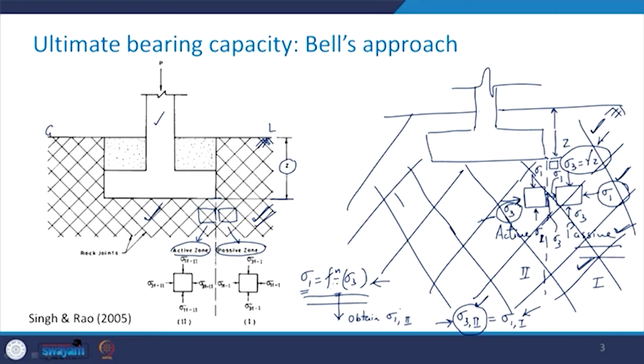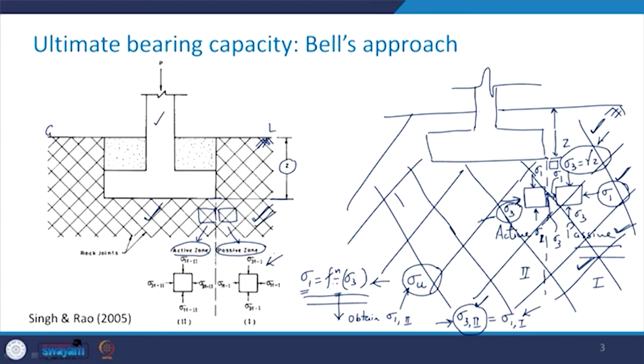This sigma 1 in the active zone is going to give us the ultimate bearing capacity of the foundation, sigma u. That is the concept of Bell's approach. Take a look once again.